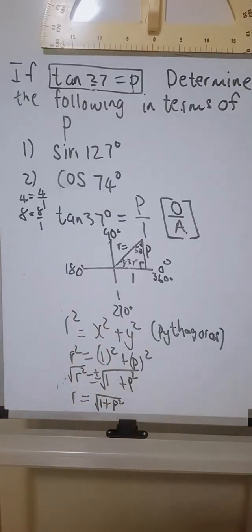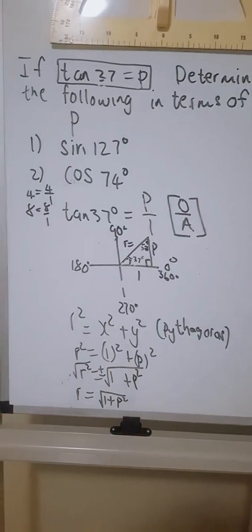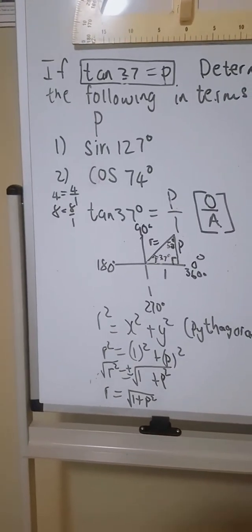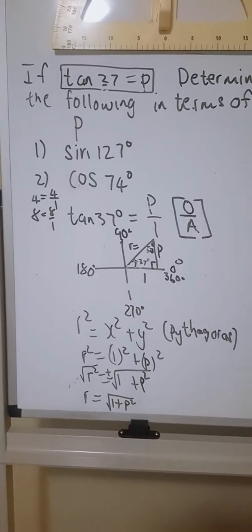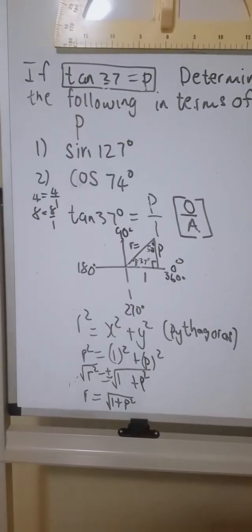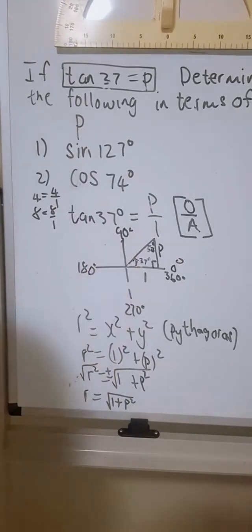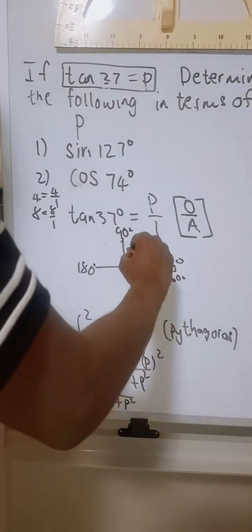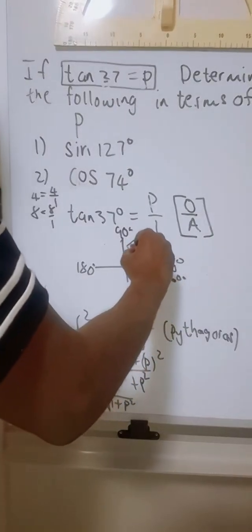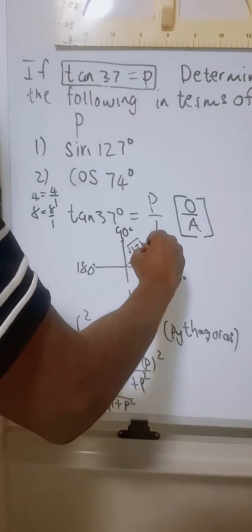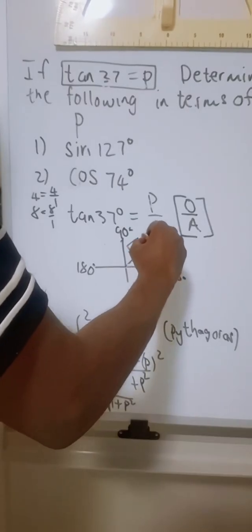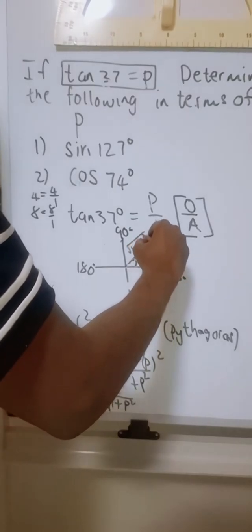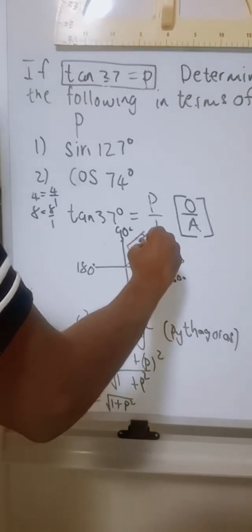That means r is equal to the square root of 1 plus P squared.